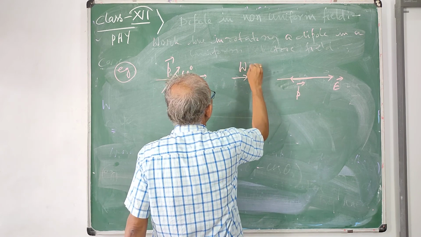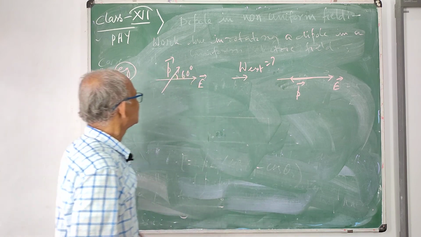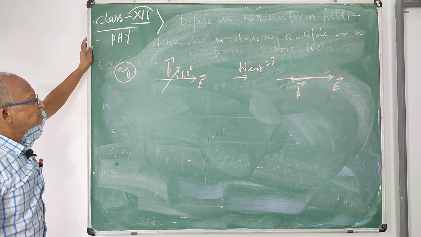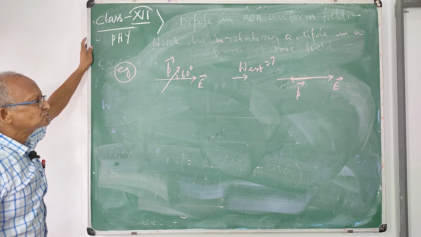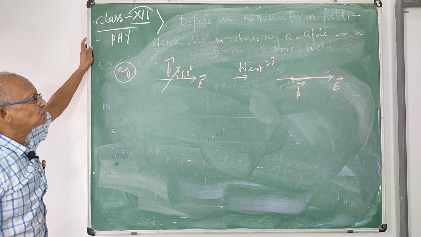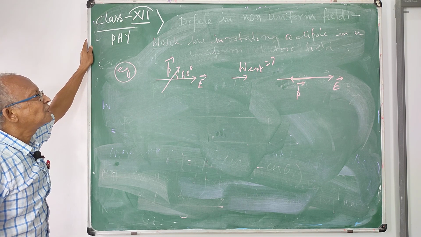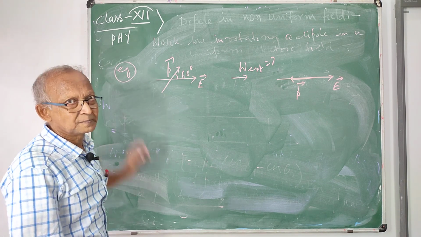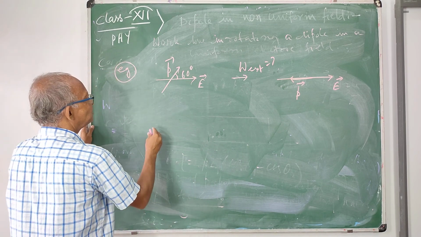Then the question is, what is the external work? Initially the dipole moment makes an angle of 60 degrees with the electric field. How much work is required in rotating the dipole to an angle such that the dipole moment makes an angle of 180 degrees with E? Okay, so just put the values here.